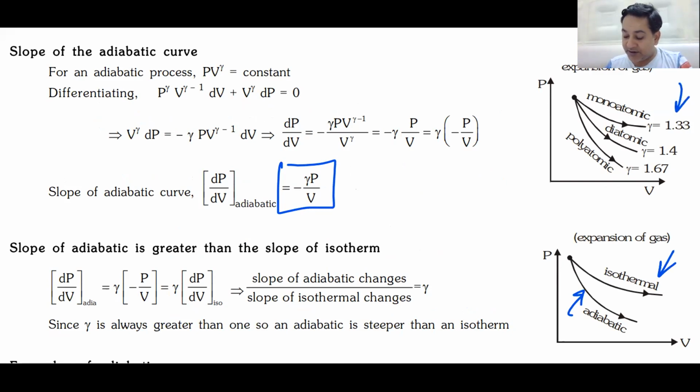Gamma for monatomic gas, gamma for diatomic, and gamma for polyatomic. Monatomic gas has the least gamma, or is it the opposite? It's even the opposite.